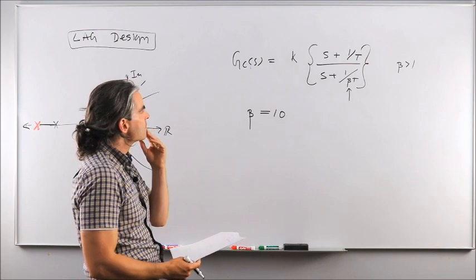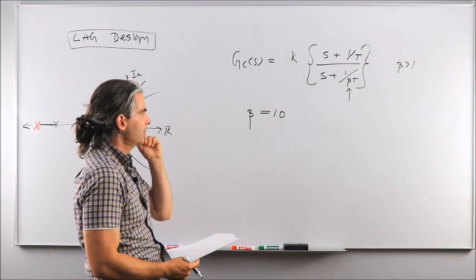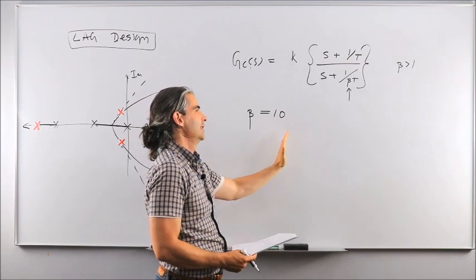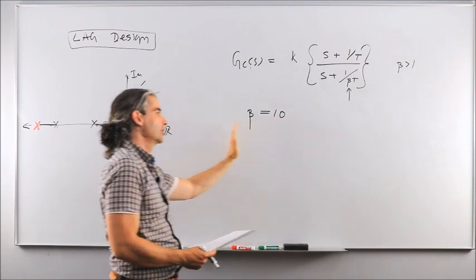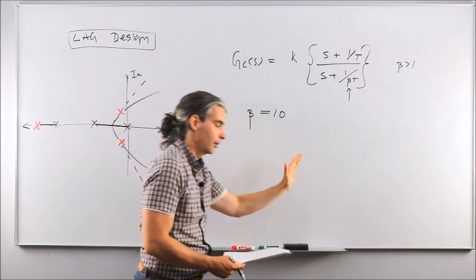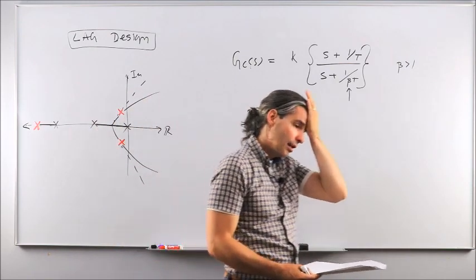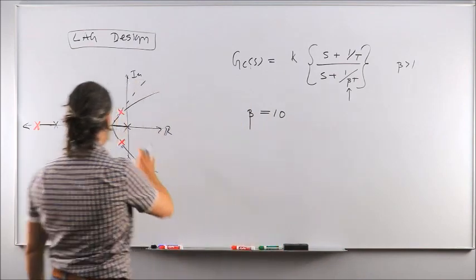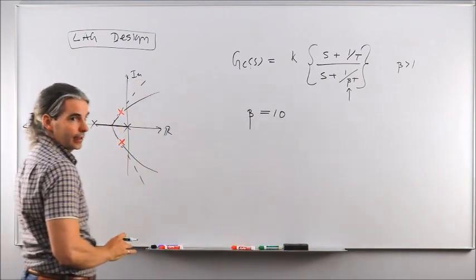Okay. So if I have a beta that has to be 10, it means that the zero needs to be 10 times further to the left than my pole. Oh boy, I thought they were supposed to be almost on top of each other, i.e. not to disturb those great things I already had in place.